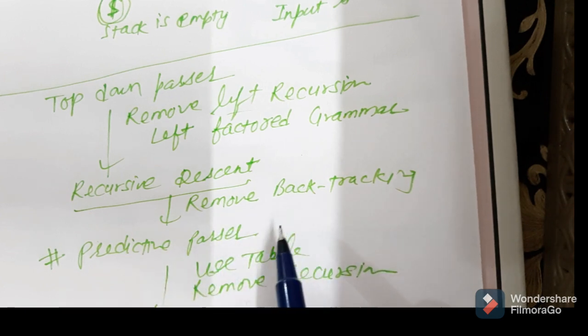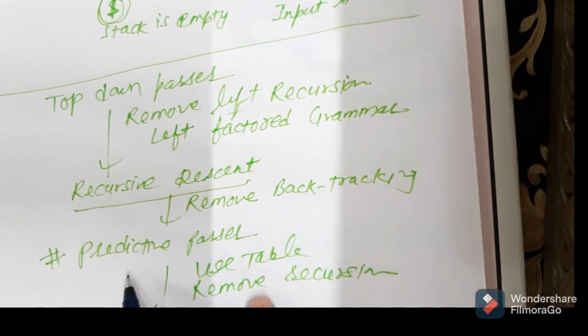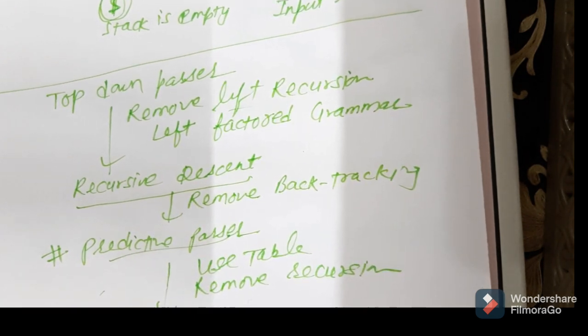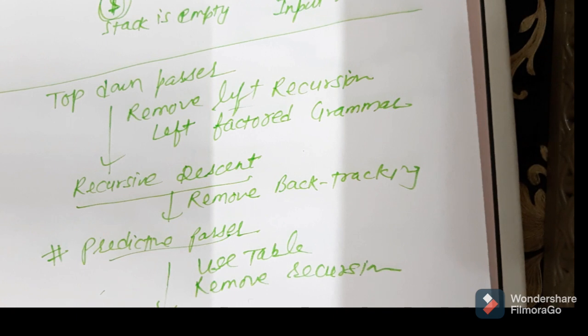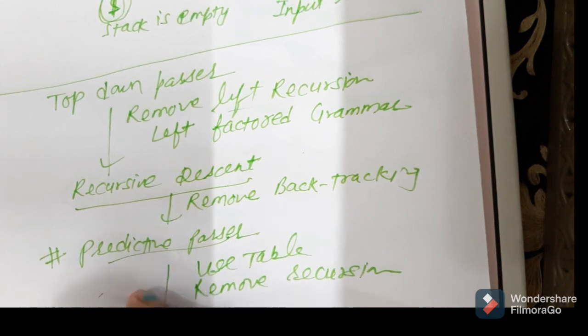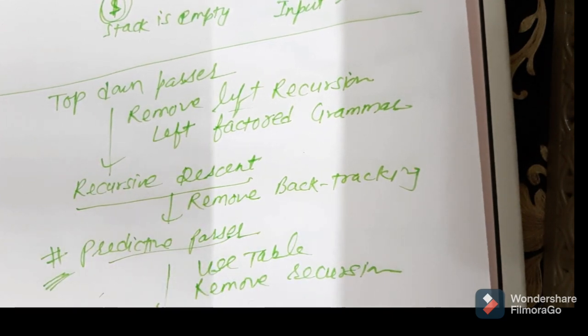Removing backtracking, we come to the non-backtracking parser, which is predictive parser, which I discussed in this video. After using table and removing recursion, we get non-recursive predictive parser.